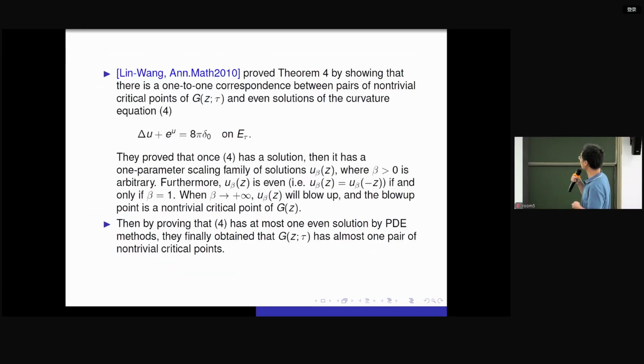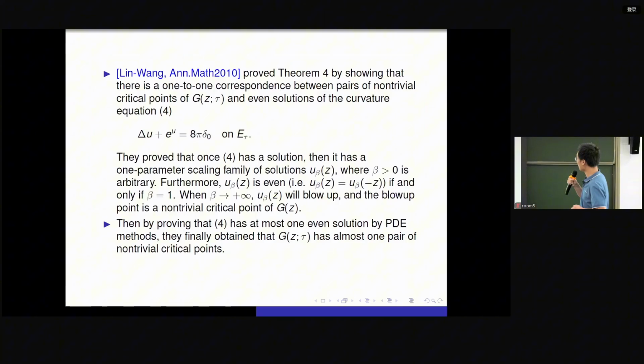They proved this theorem by showing that there is a one-to-one correspondence between pairs of non-trivial critical points of the Green function and even solutions of this equation. They proved that if this equation has a solution, then it has a one-parameter scaling family of solutions u_β, where β is arbitrary.